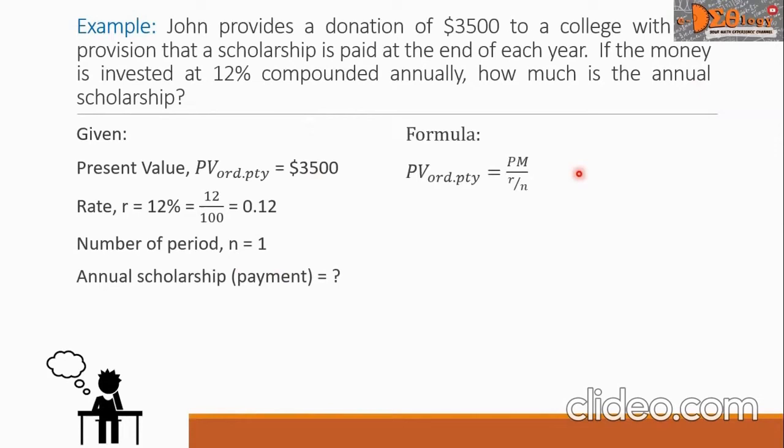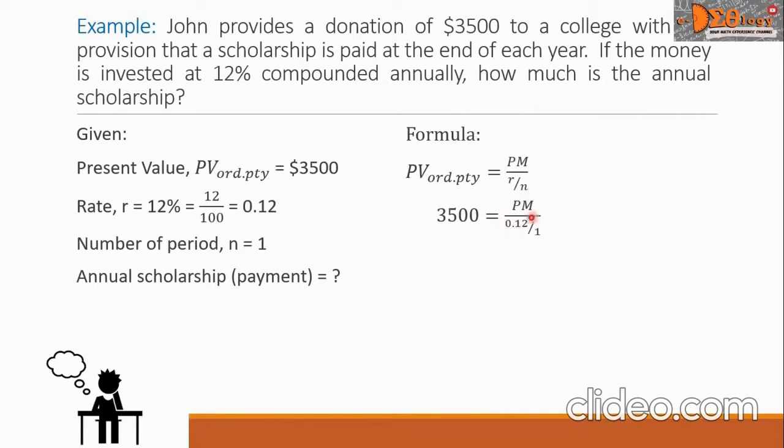Let us do the substitution now. The PV becomes 3,500 equals PM, that is what we want, all over the R over N. The R is 0.12 and the N is 1.